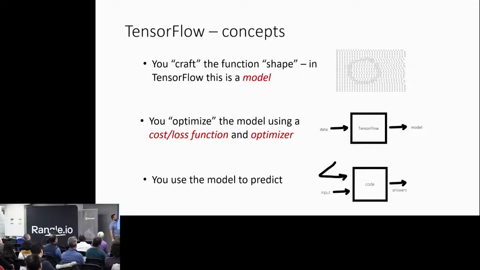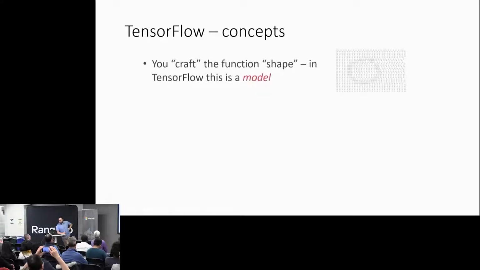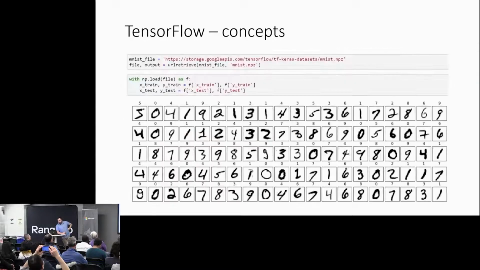It turns out that categorical cross entropy is better for the digits one, right? And then you pick an optimizer. I showed you gradient descent. Stochastic gradient descent is when you batch everything up, right? And then you use the model to predict. The model again is this function. The loss function is how sucky we are. I already did this bit.